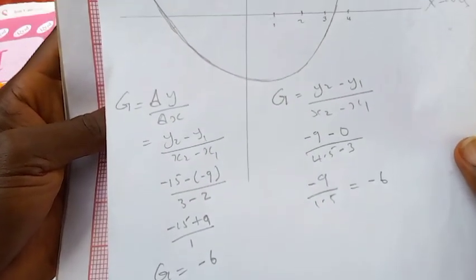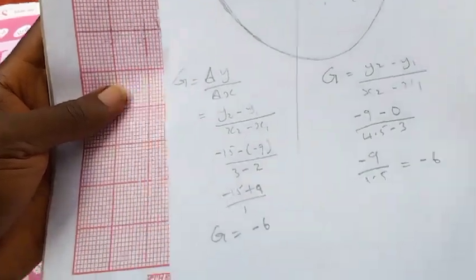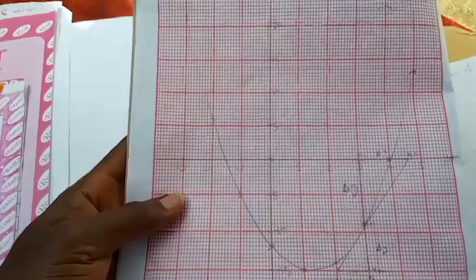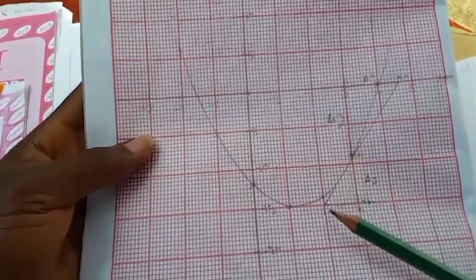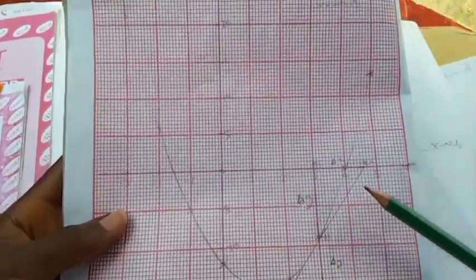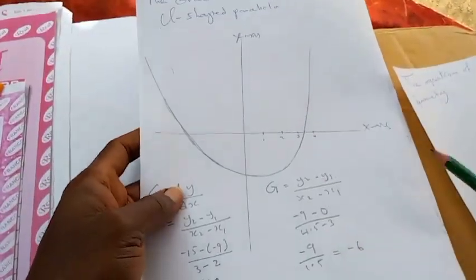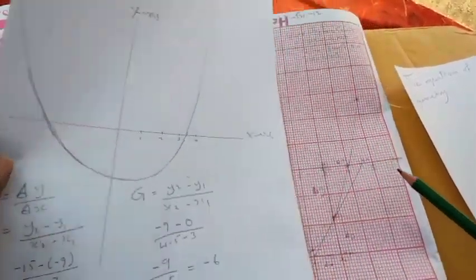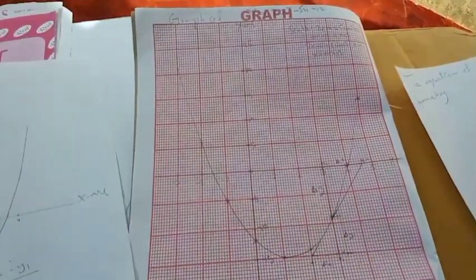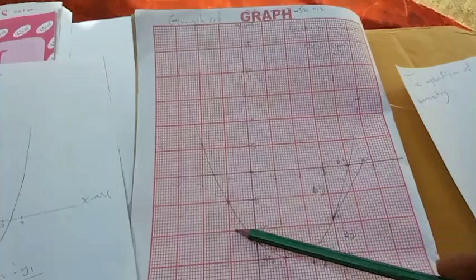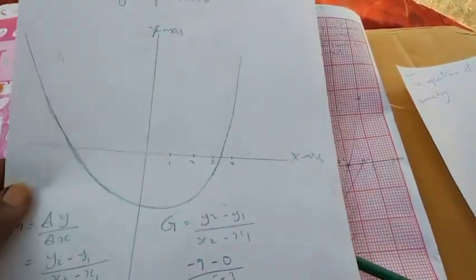I am trusting God that this explanation I gave you is good enough and can help you to face any challenge that has to do with the gradient of a quadratic curve or in a quadratic graph.